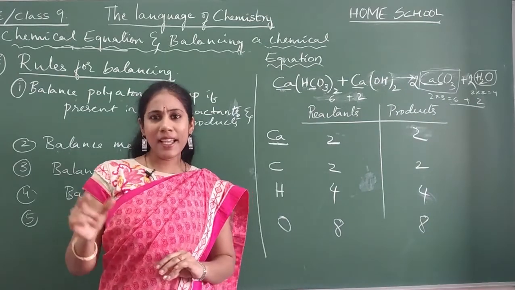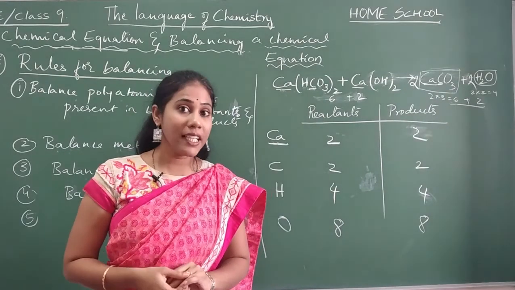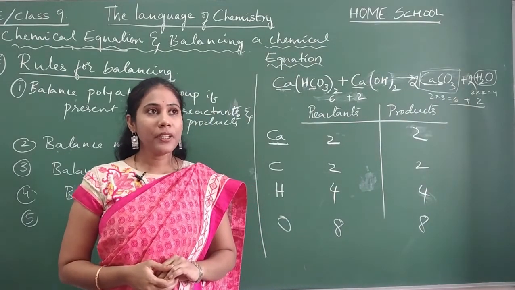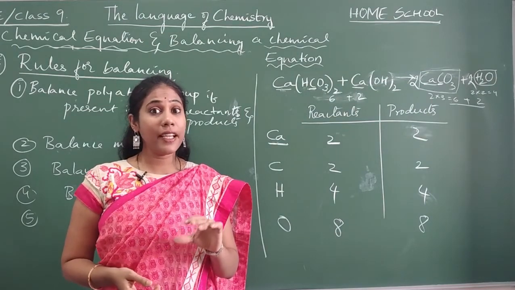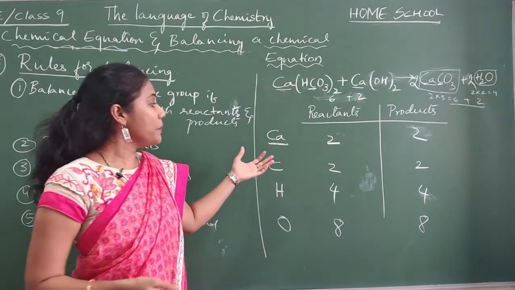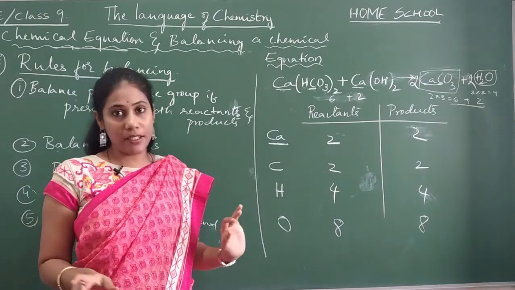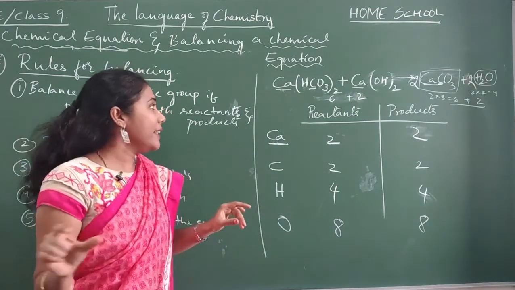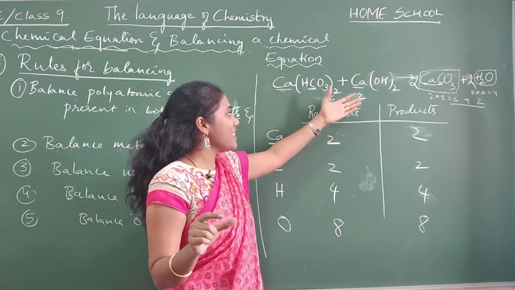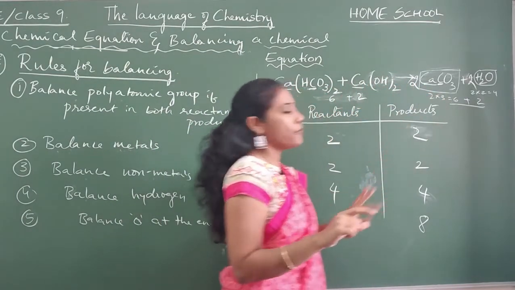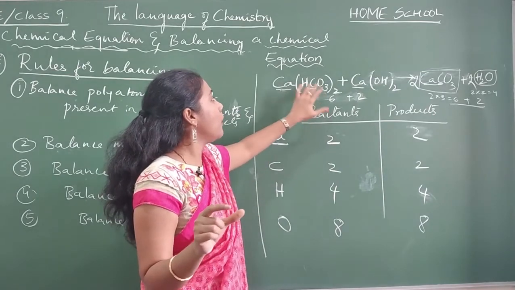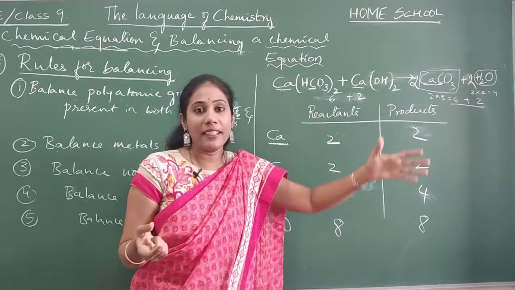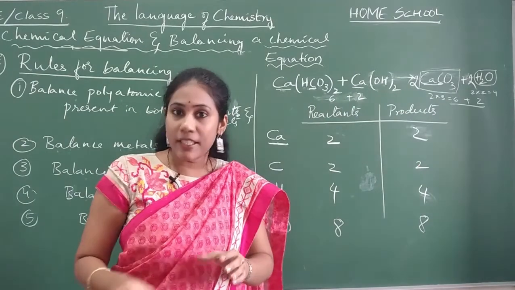But balancing has 2 important limitations that you have to remember. Before discussing the limitations, let us try to figure out what information you can get out of balancing. You can get information about what reactants are reacting and what products are forming, and you can also tell how much amount of reactants are reacting and how much amount of product is forming.